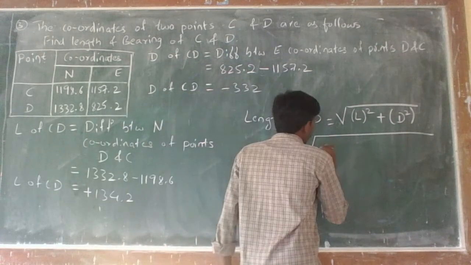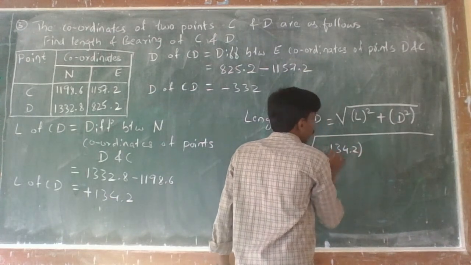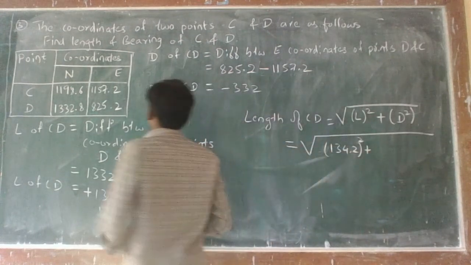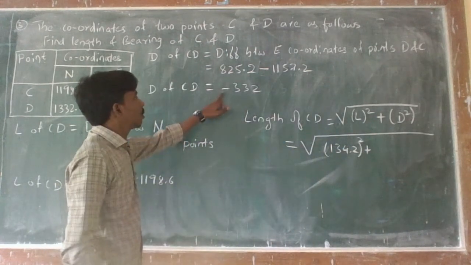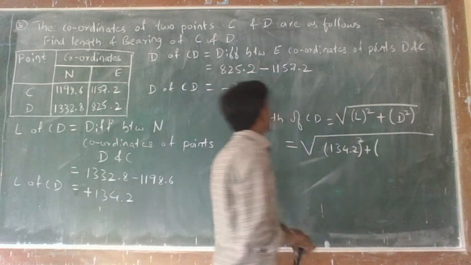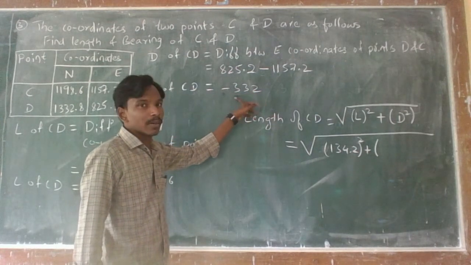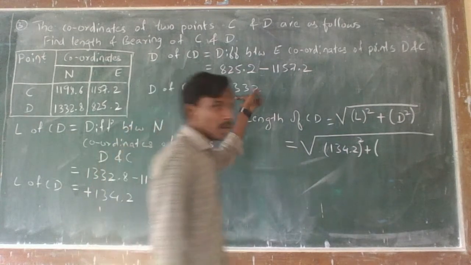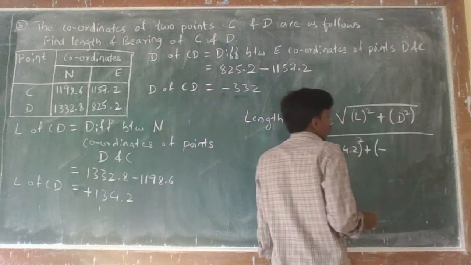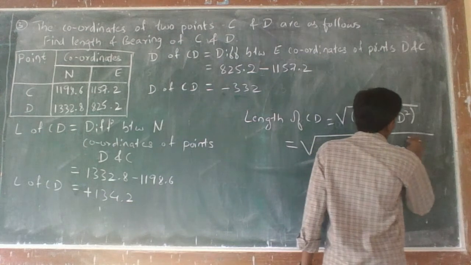Now write 134.2 whole square plus, now departure. So departure is in minus. If this is multiplied by the same number, then that will be square, so it will become positive, but you can take the minus sign. 332 whole square.